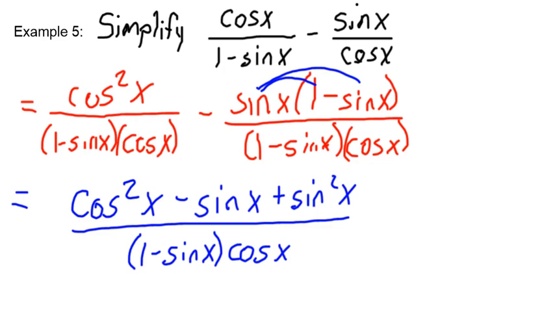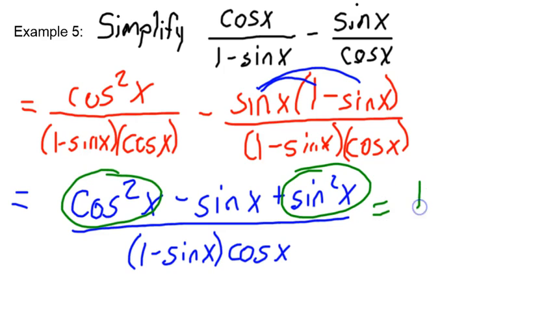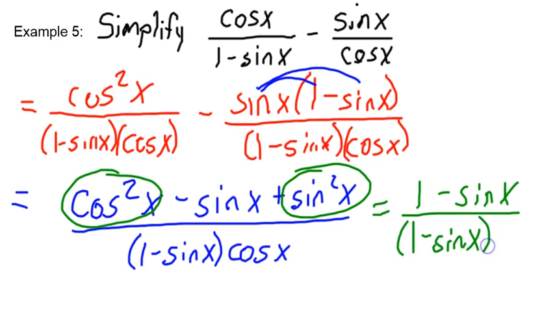The numerator simplifies down really nicely because cosine squared x plus sine squared x, again that's our Pythagorean identity, so that simplifies down to a value of 1. If we add those two terms together, we get 1 minus sine of x, all divided by 1 minus sine x times cosine x.